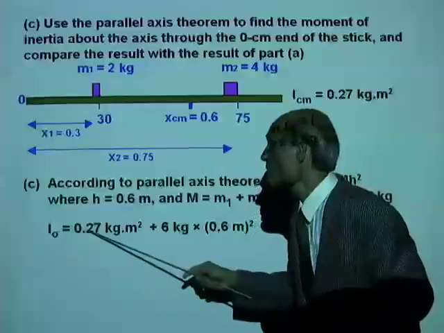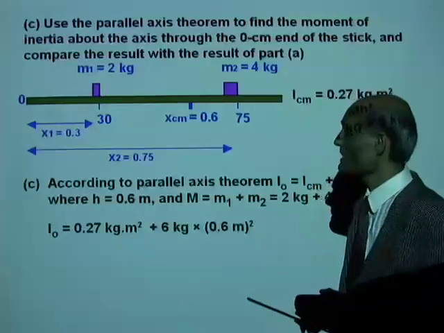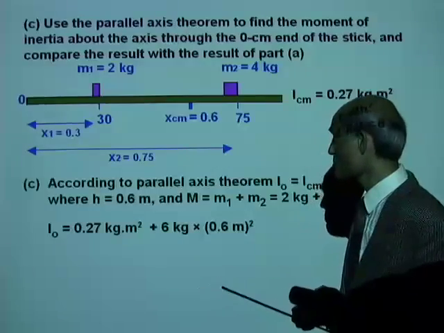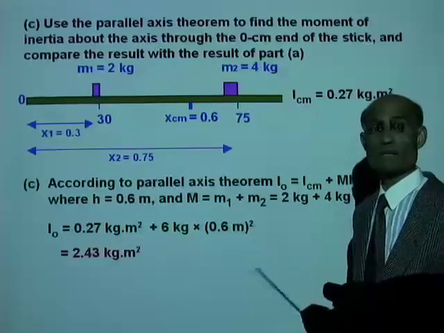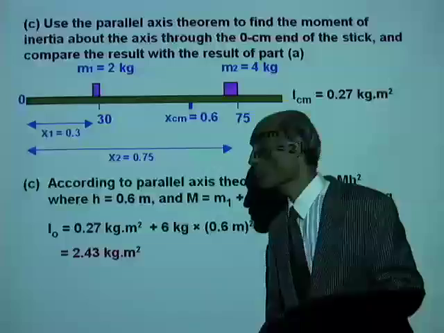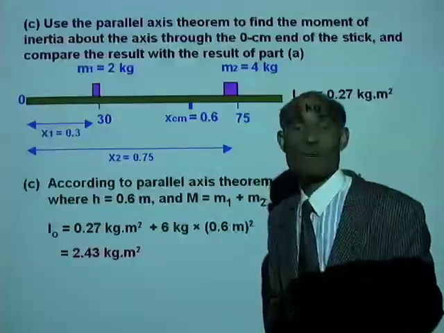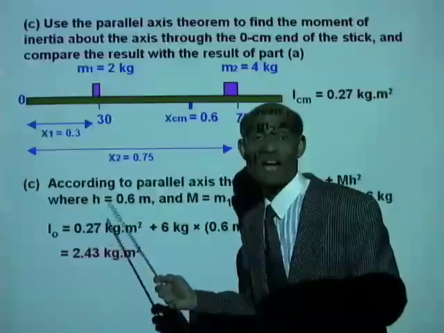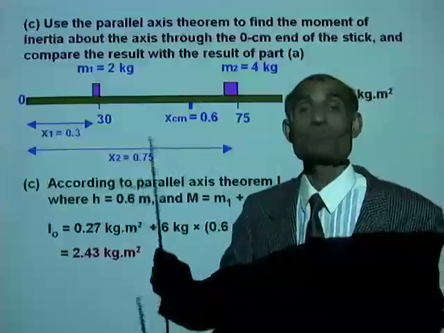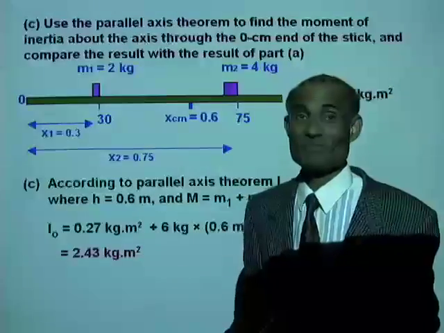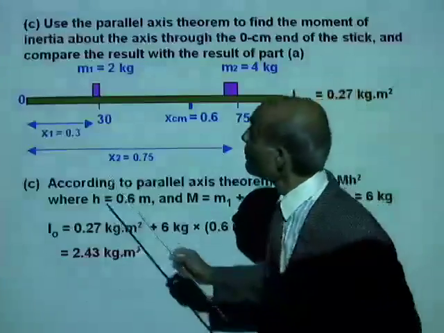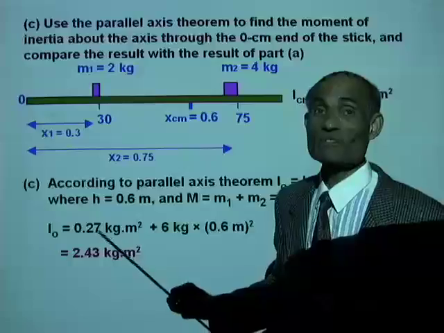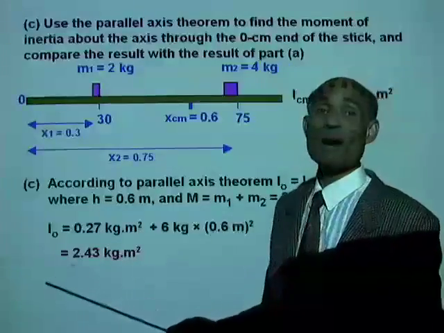So I0 equal to 0.27 kilogram meter squared plus 6 kilogram times 0.6 meter squared, that is 2.43 kilogram meter squared. Do you remember this value? This is exactly the same result we obtained in part A. Is that right? So, using parallel axis theorem, we get the same result we calculated in part A.